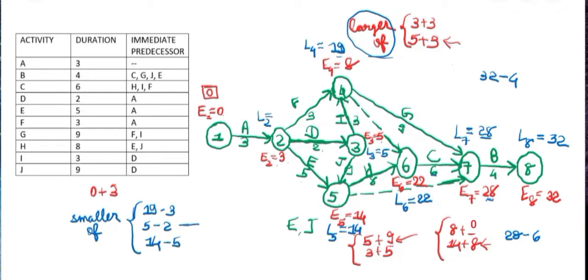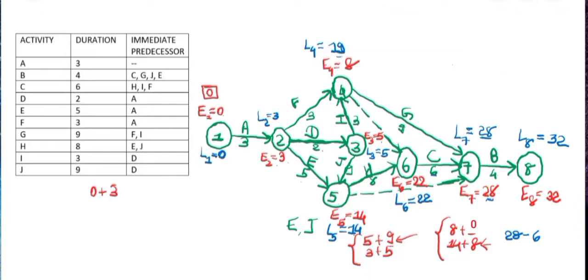So as we can see that this is our smaller value, so our L2 will be 3. Then L1 will be 3 minus 3, which is 0. And if this L1 does not come as 0, then it means that you have made some mistake. So again you will have to check it.